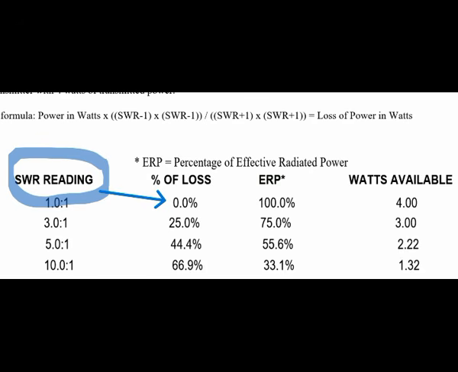All the reflected power does is set up a standing wave on the transmission line where the operating impedance, the ratio of voltage to current along that transmission line, changes as we move along the line. All the power is still flowing from the source, from the transmitter or the generator. It's still flowing from the source out to the load. None of it is flowing back into the transmitter.